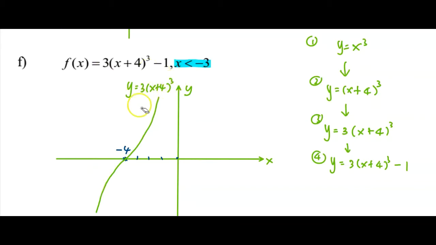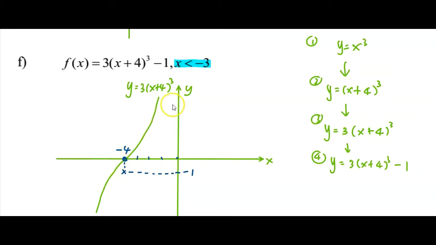Alright, after this, you need to sketch the function 3(x plus 4) cubed minus 1, meaning that now your point over here will go down by 1 unit. It will become negative 4, negative 1.